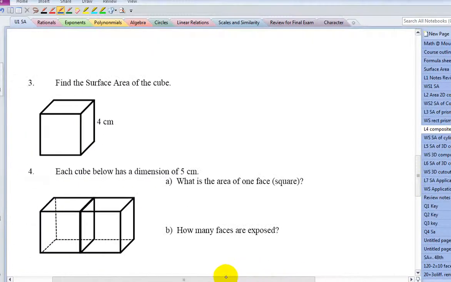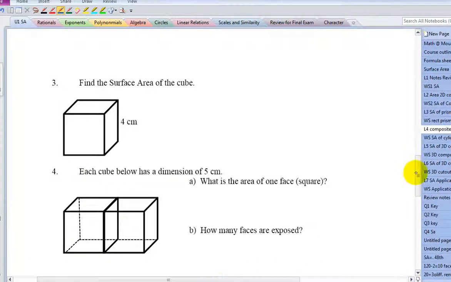Let's go over here to composite cubes, pardon me. So we got 1 cube. The surface area of a cube, first of all, what we do is find the area of 1 square face.